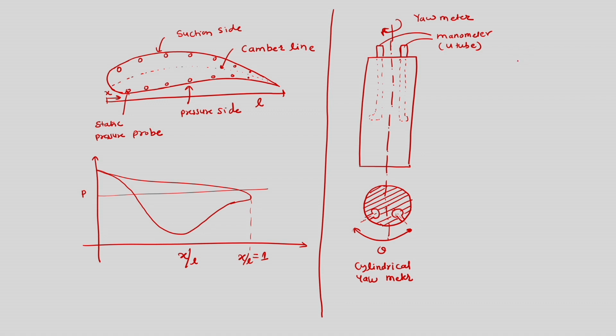Like this, there is one more yaw-meter, and that yaw-meter is called the claw type of yaw-meter, where again there will be two limbs, and the two limbs are connected here as well to the two limbs of the manometers.